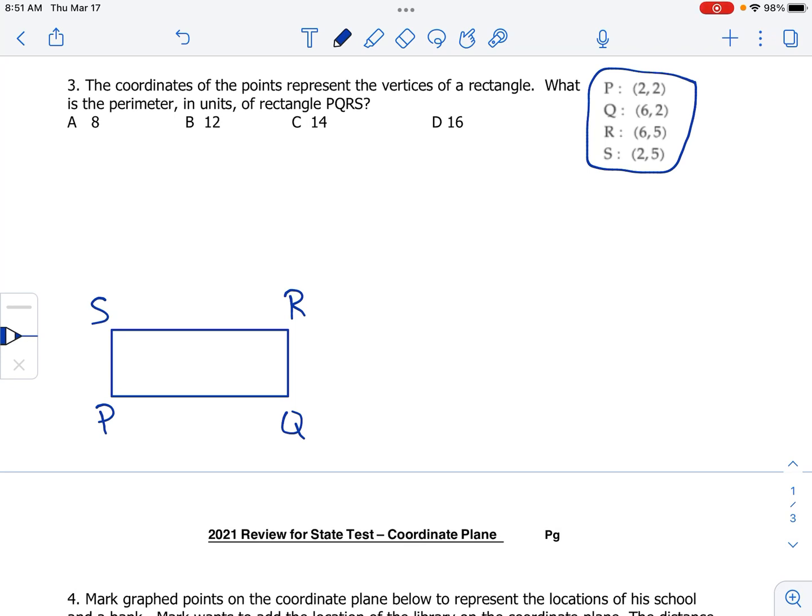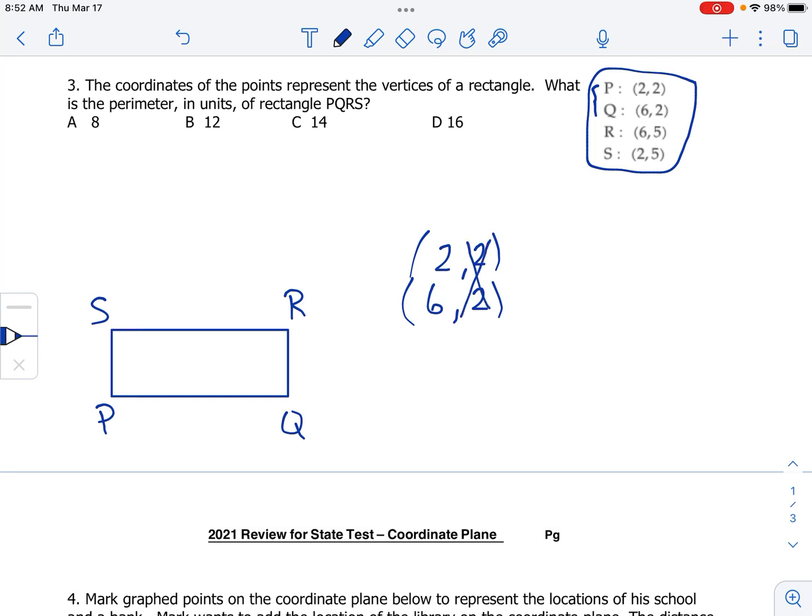So let's find the distance between P and Q first. And when we're labeling with the vertices, we always go in order, either clockwise or counterclockwise. All right, so P and Q, I'm going to put those 2 points on top of each other. We're going to ignore the 2 that are the same. So you'll notice the y coordinates are both 2.